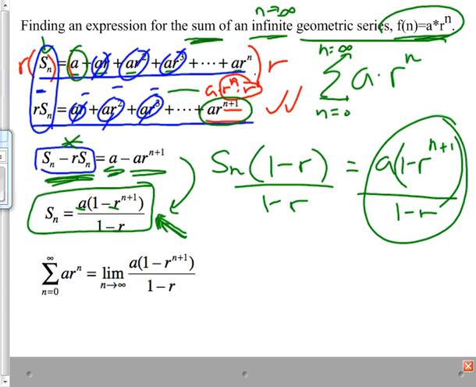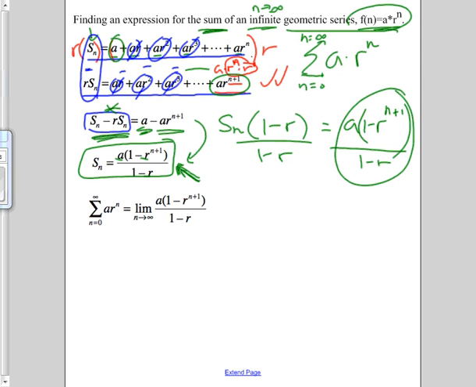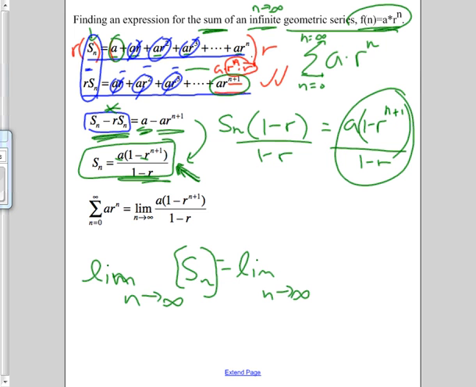So therefore, we can say as n gets entirely close to infinity, so in other words, the limit as n approaches infinity of this sum, so I'm figuring out what my sum approaches, equals the limit as n approaches infinity of, well, let's replace s sub n with what we found out that it equals, a times 1 minus r to the n plus 1 over 1 minus r.